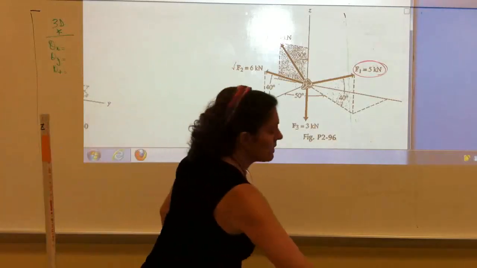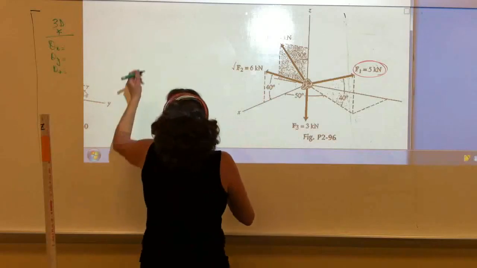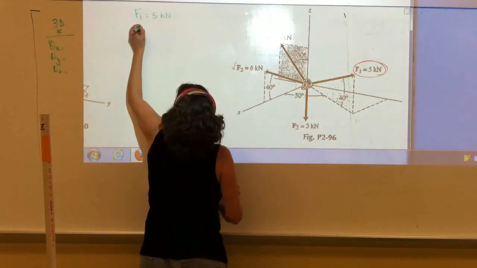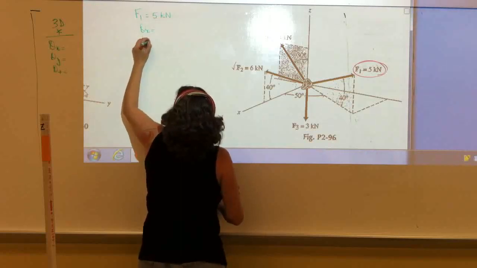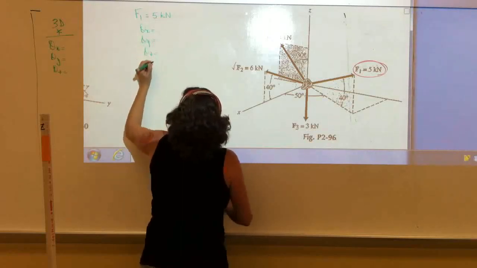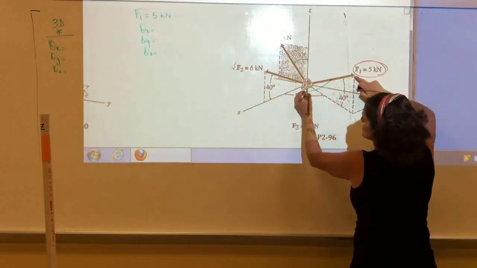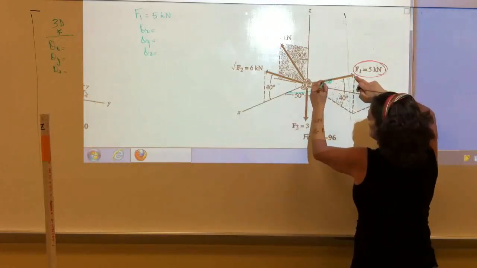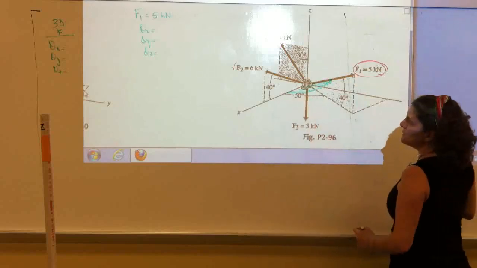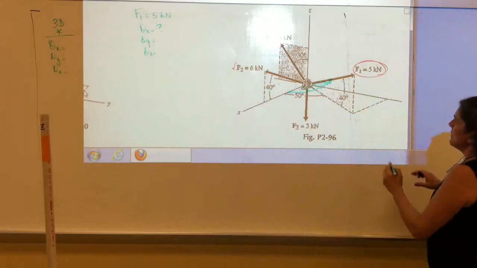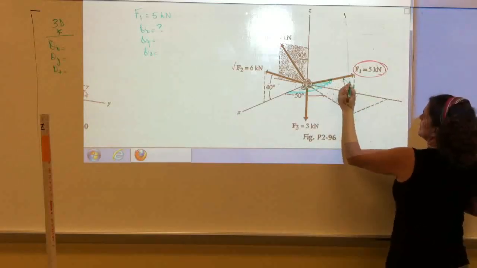So let's look back here. We're looking at F1, which is 5 kilonewtons, theta x, theta y, and theta z. Where is theta x? This is the force. Theta x would be this angle right here, and they don't give it to us. We don't know. Theta y would be this angle right here.